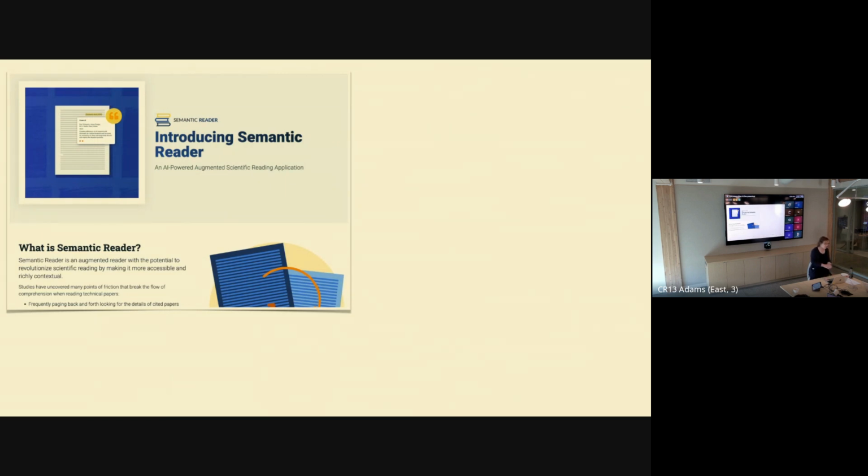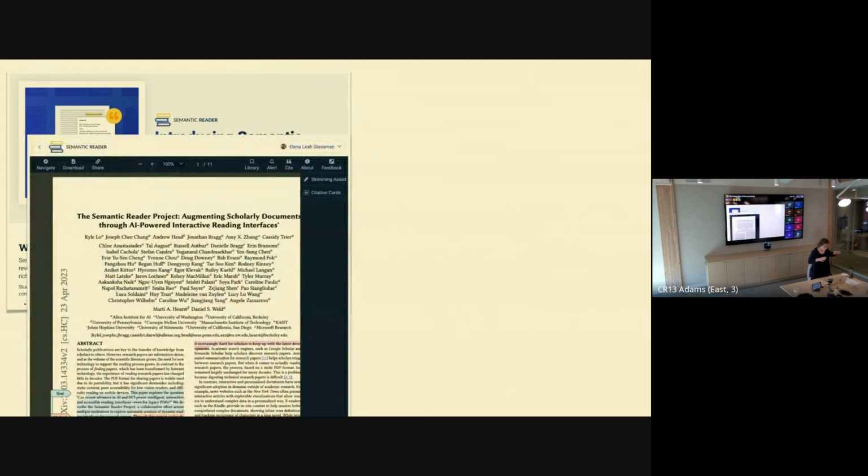I also just want to call out before I get started into my particular vision that I was really inspired by your vision here, especially the Semantic Reader project. The power of this kind of coordinated vision and having a platform in which all these different features could be powered by your APIs and feed into an enhanced reading experience is wonderful to see.